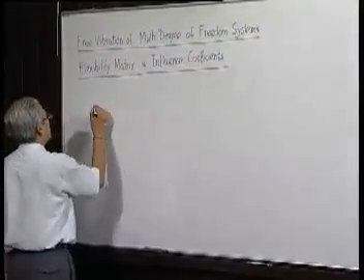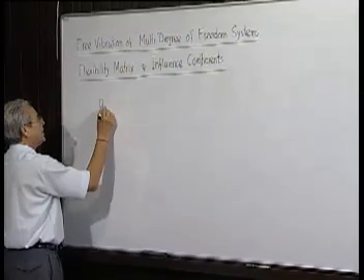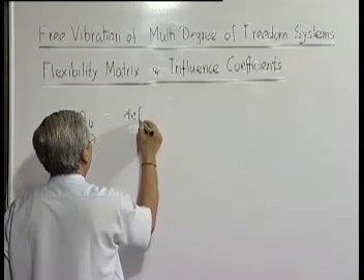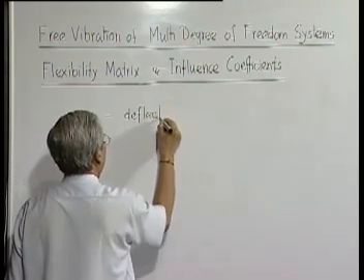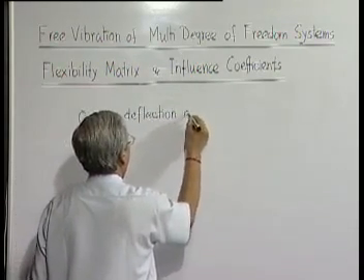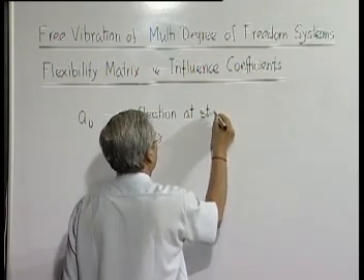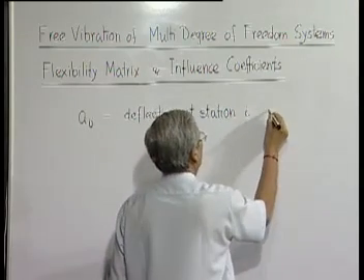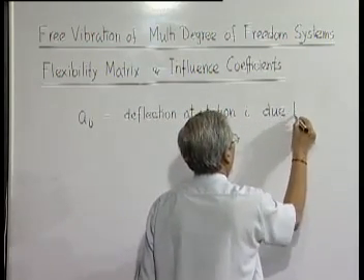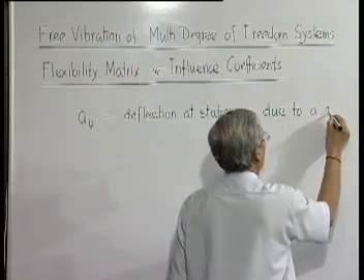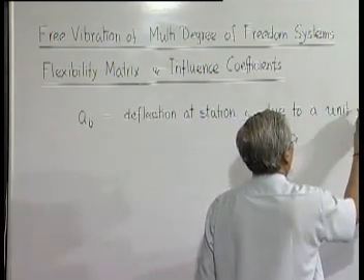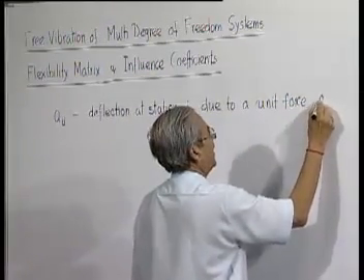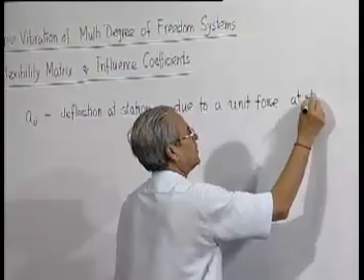So, we will define a quantity Aij as the deflection at station i due to a unit force at station j.